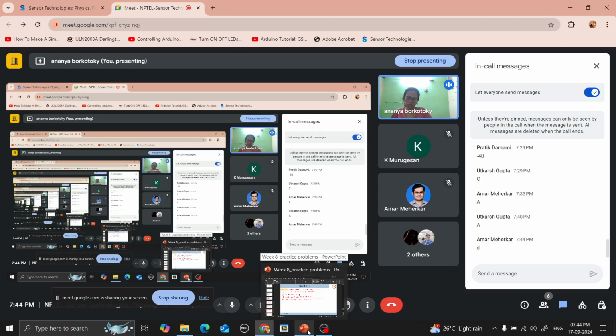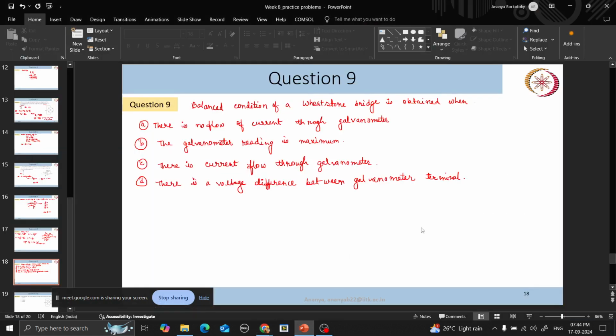So what is a galvanometer? I think you have seen a galvanometer in the basic electrical lab maybe.